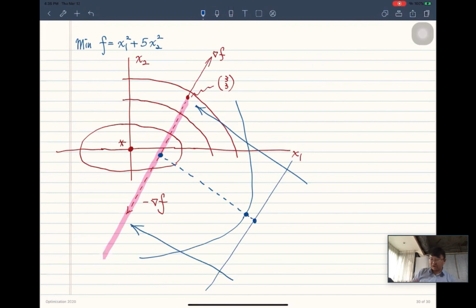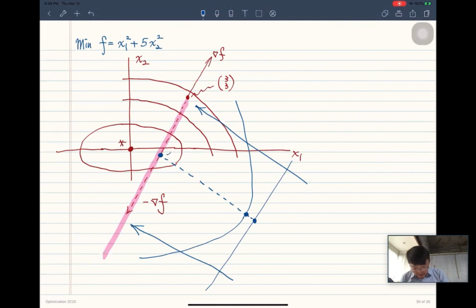You are just making a cut of this ball-shaped contour, and along the cut there is a lowest point.